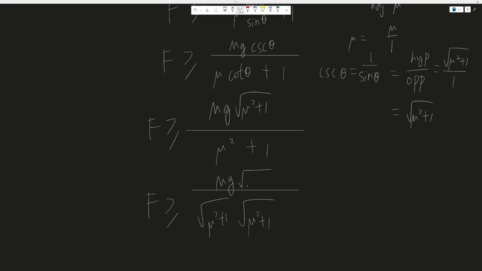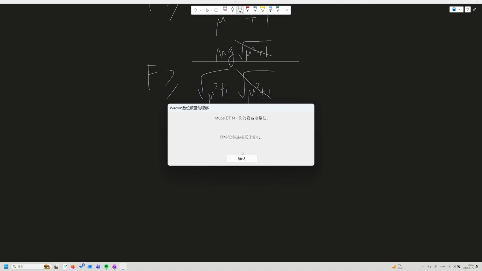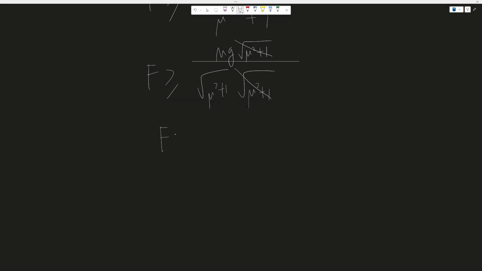And we have mg times the square root of mu squared plus 1 in the numerator, so you can cancel one of them. So then we have F is bigger or equal to mg over the square root of mu squared plus 1. And so that is the lowest lower bound that we found, when cotangent theta equals mu, or in other words, when theta equals inverse cotangent of mu. So that's the minimum lower bound.